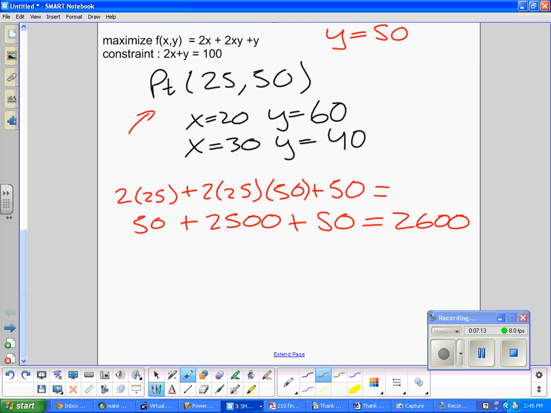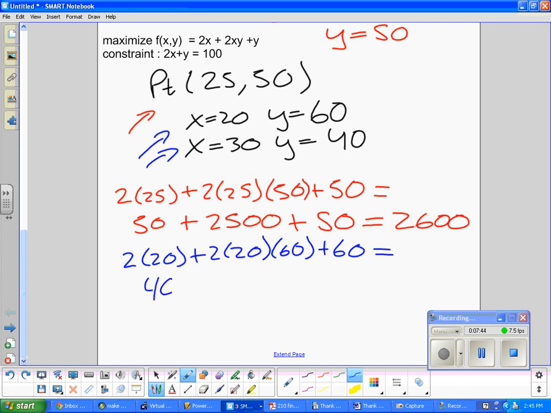If this is a maximum, then the two points near it on the constraint function will turn out to be less than this point. That's how we can prove that it's a maximum. So we'll try the point 20: 2 times 20 plus 2 times 20 times 60 plus 60.